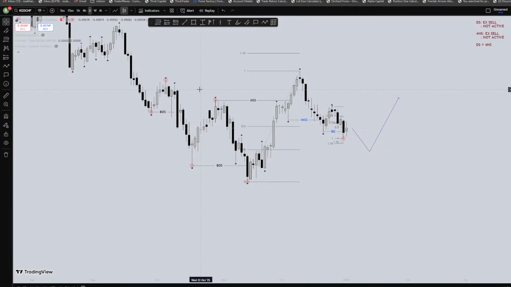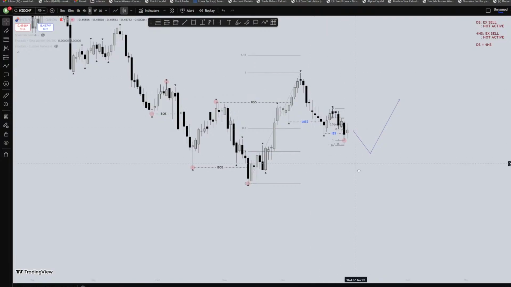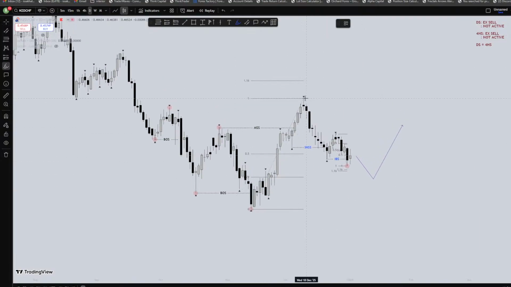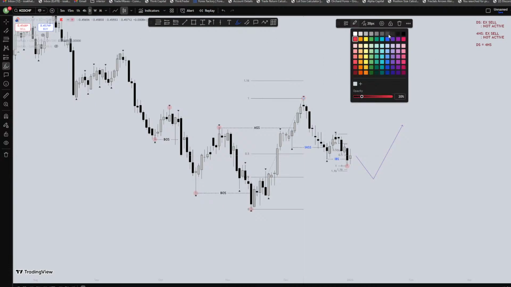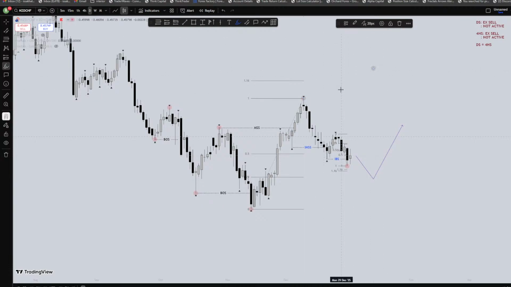We closed above. So this is that retracing. Retracing to the 0.29. So yeah, we believe it will still come down.